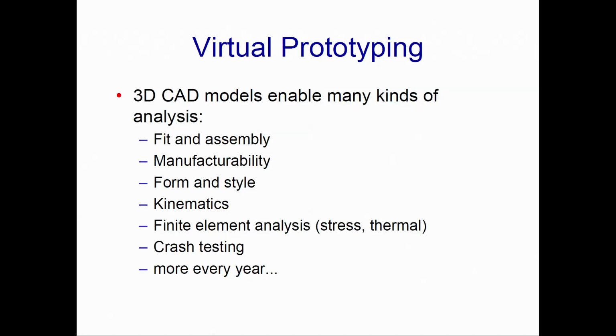Kinematics means how do things open, how much movement is there. Then finite element method and method of finite differences, meant for physical stress and thermal stress, how things are going to get hot. Then again crash testing.